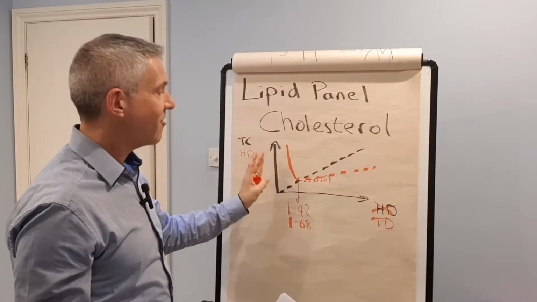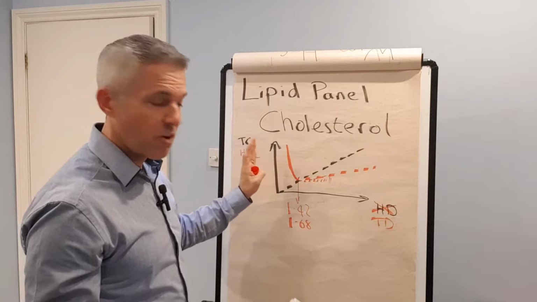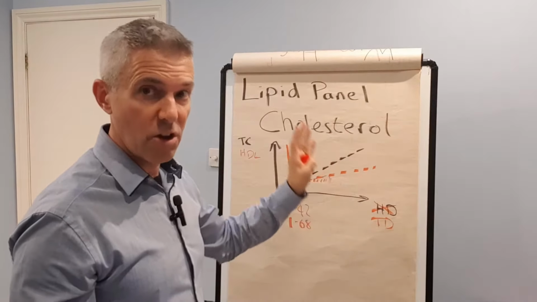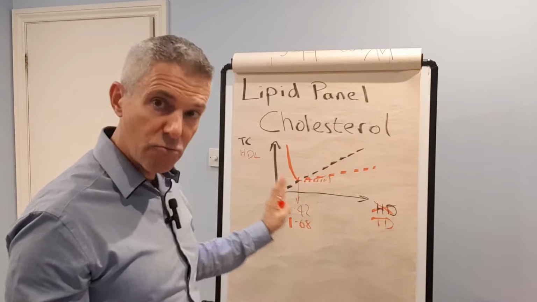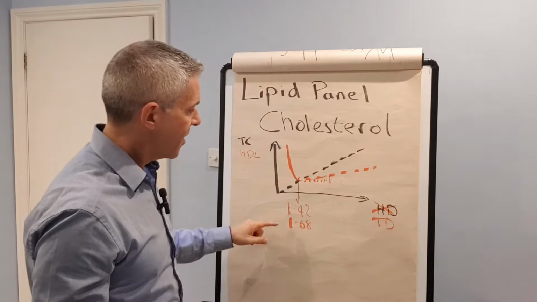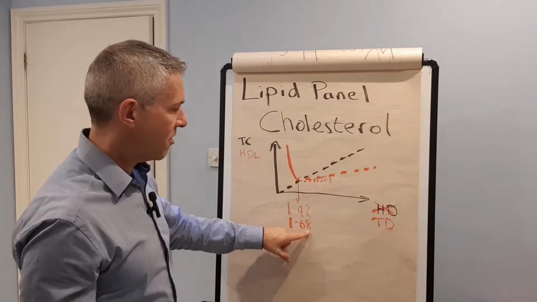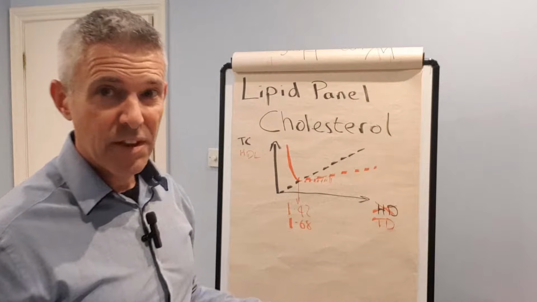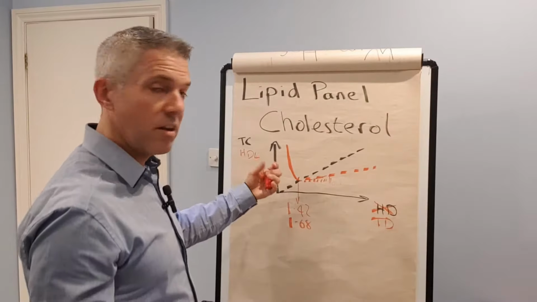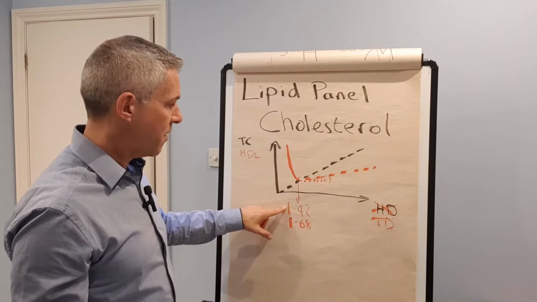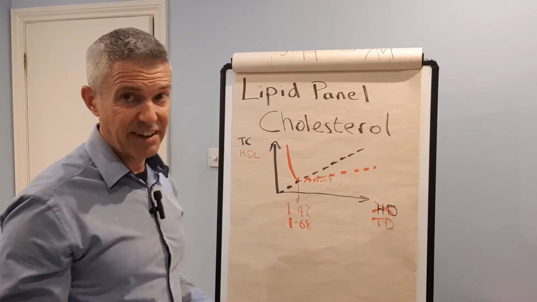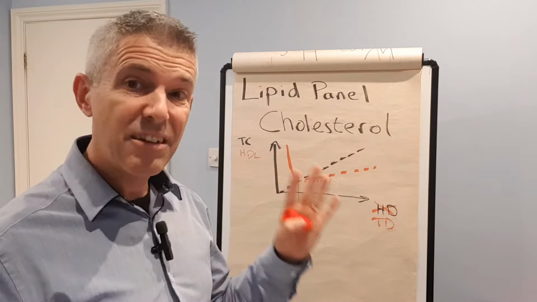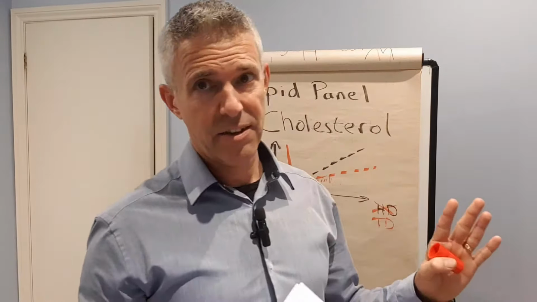Your doctor should be focusing on raising your good cholesterol, not lowering your bad cholesterol. The same with women, it's a bit higher, 1.68. So if your good cholesterol is lower than these numbers, men 1.42, women 1.68, your doctor needs to be focusing on raising your HDL cholesterol.